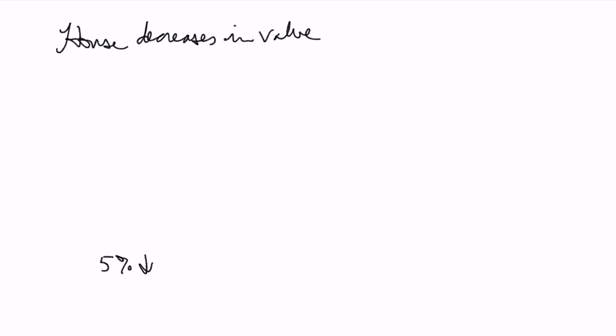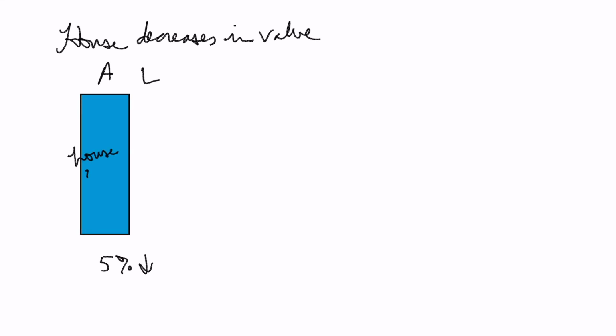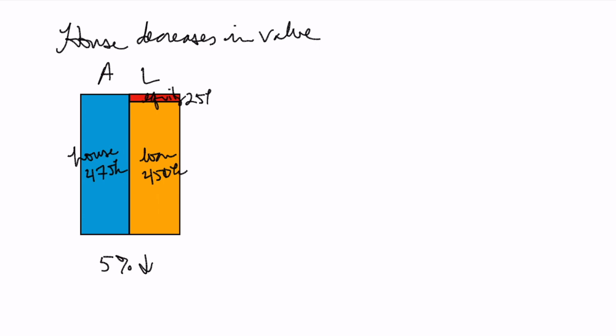Now for the downside. If your house decreases by 5% to $475,000 and you still owe $450,000, then your equity is $25,000. That's a 50% decrease.